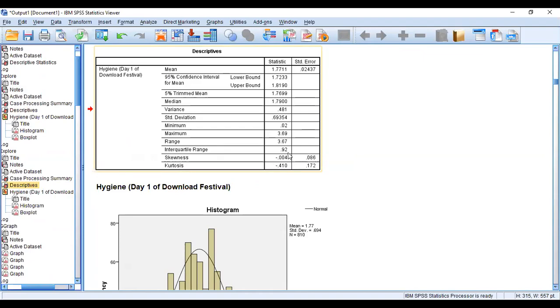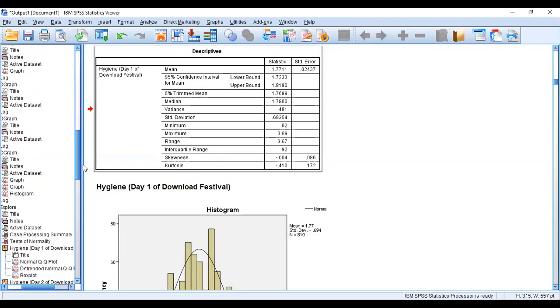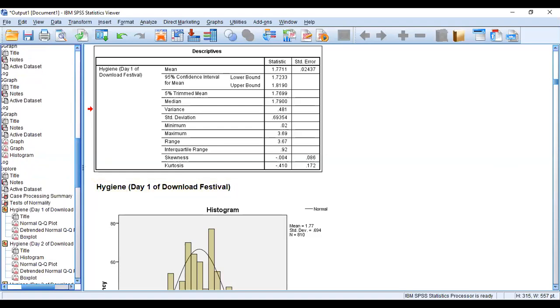So our data is normal. There are three ways of checking the normality: graph, second, value of skewness and kurtosis, and third is KS test. So we should report KS test. Okay. Now this is all about the histogram.